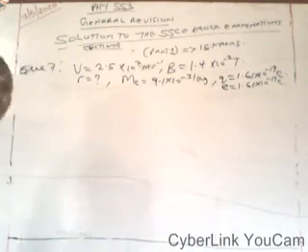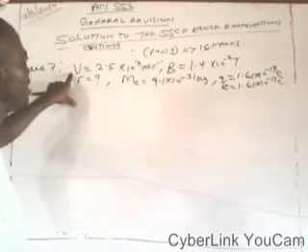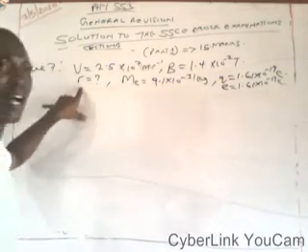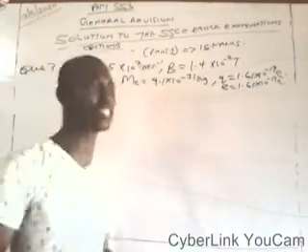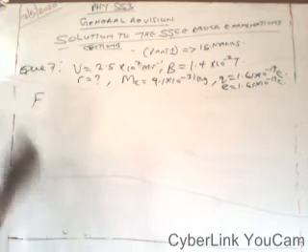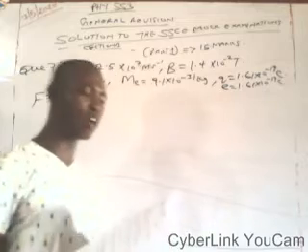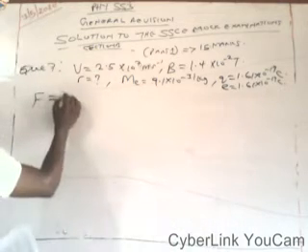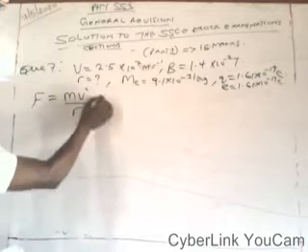Now, how do we solve this? We are given the velocity, the magnetic field, the mass of the electron and the charge on the electron, and we are looking for the radius of the orbit of the fast moving electron. The force making the electron revolve in its orbit is the centripetal force, mv squared over r.